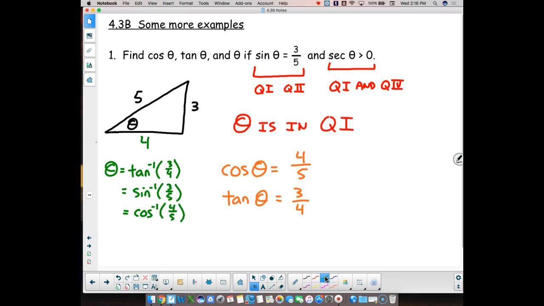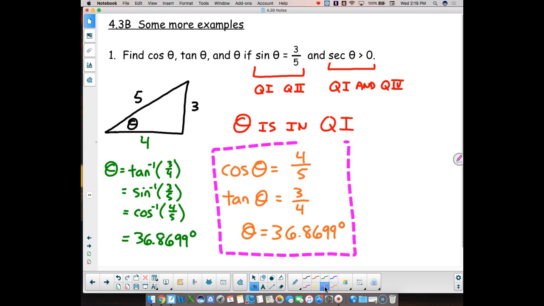If I type in any of those, I get theta is equal to 36.8699 degrees. Questions on that?